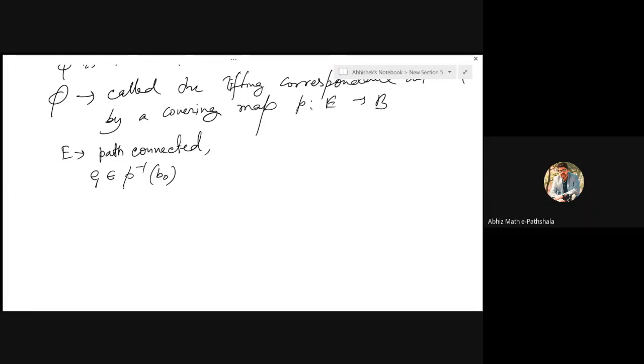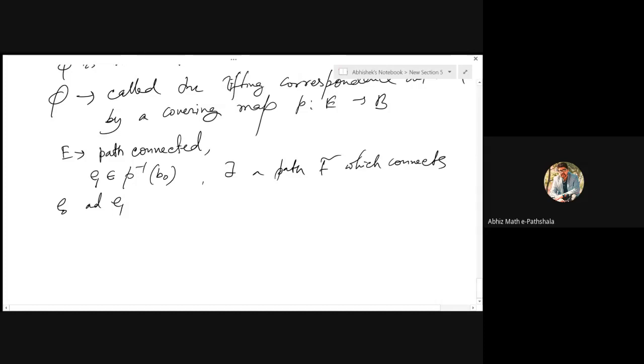Now, since E is path connected, there exists a path F tilde which connects E naught and E1.